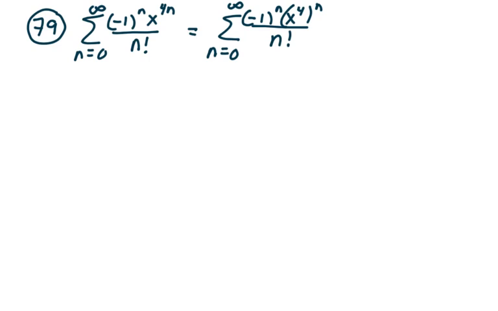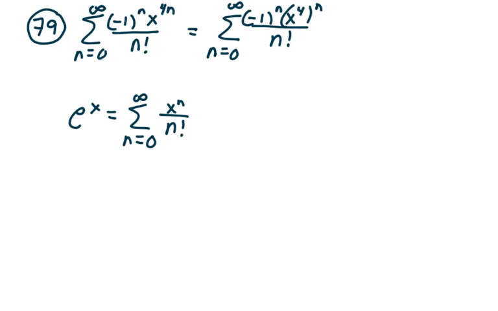Now, let's take a slight step back. Remember that e to the x is the summation from n equals 0 to infinity of x to the n divided by n factorial, right?